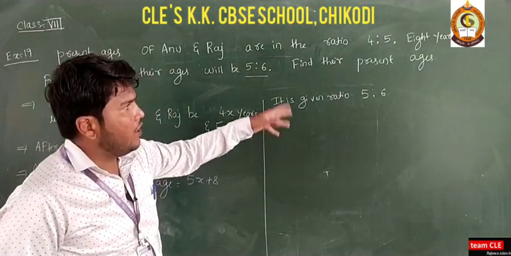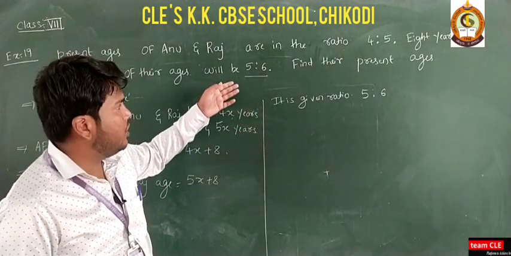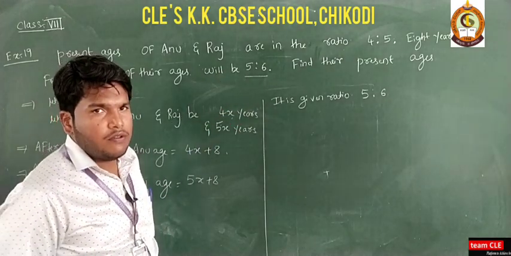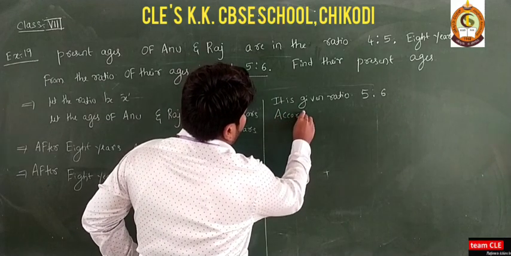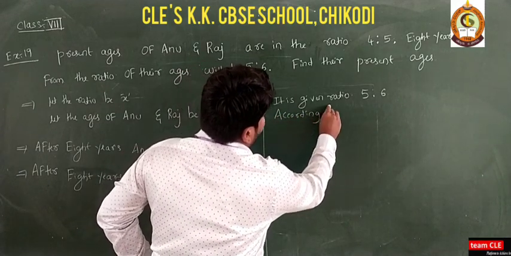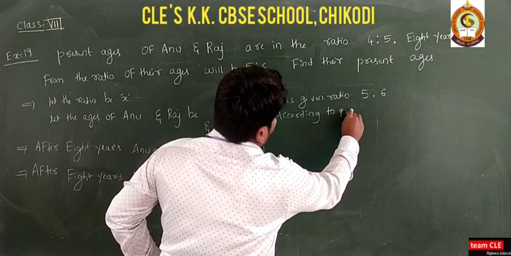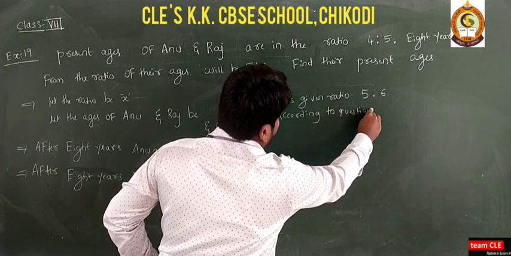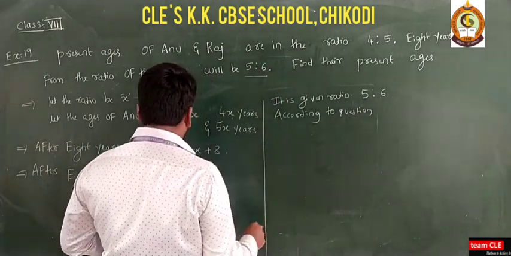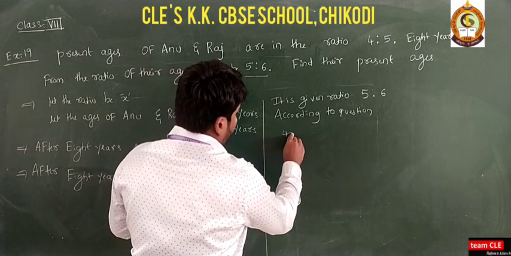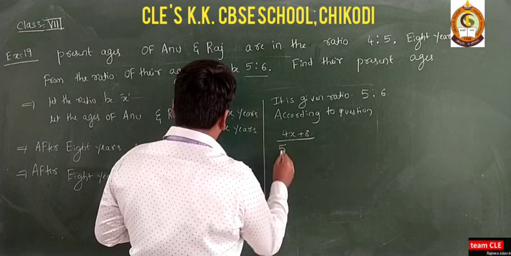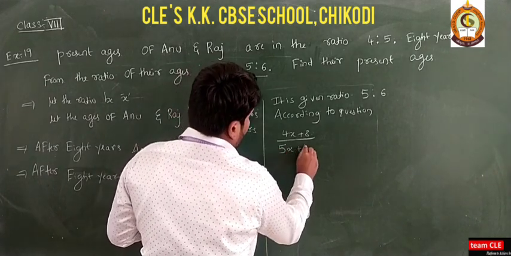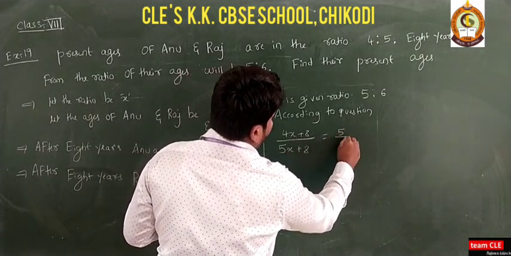Okay, so again what is given in the question? After 8 years the ratio will be 5:6. Means according to the question, we can write this as (4x plus 8) divided by (5x plus 8) is equal to 5/6.